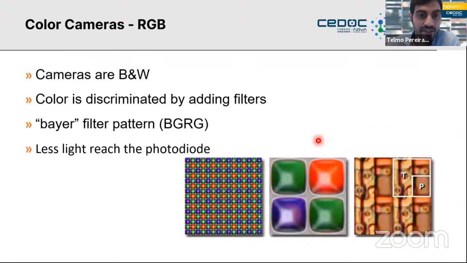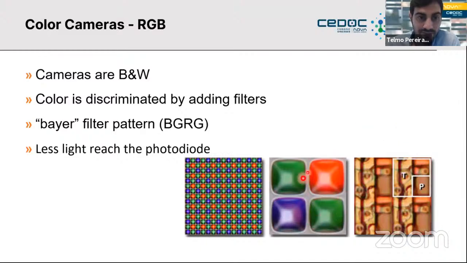What they have is filters on top of the pixels. For example, here, these will be 4 individual pixels, but if you put on top of them filters that will detect green light, red light, and blue light, you can then discriminate and see if this pixel is more red or more green or more blue than the others next to it.